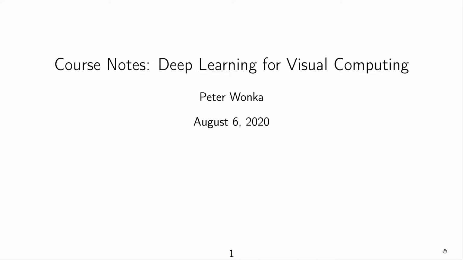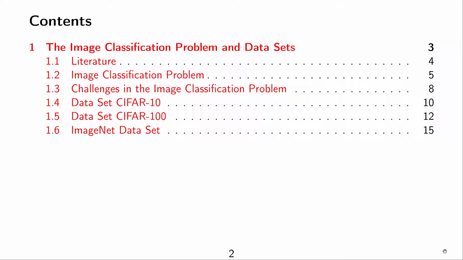In this sequence, we're going to talk about the image classification problem and some image classification data sets. The reason why I would like to talk about this early on is my personal preference to start with some specific examples and also explain some examples in detail.